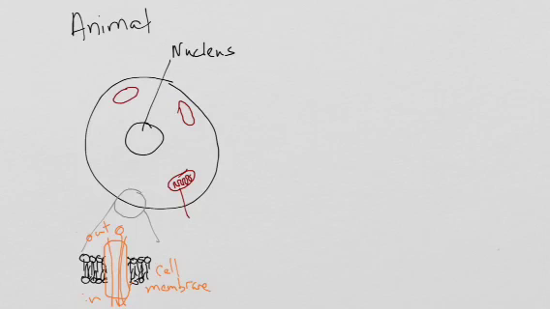This is known as the mitochondria. The mitochondria is the site of cellular respiration, which is essentially what the cell does to gain energy in order to survive and do everything it has to do from day to day.